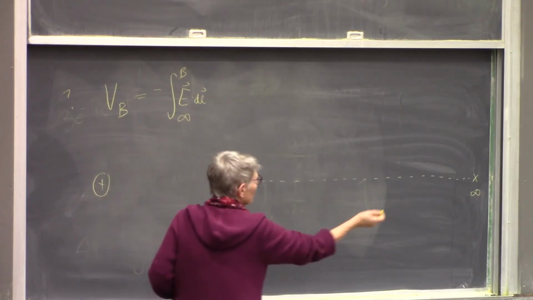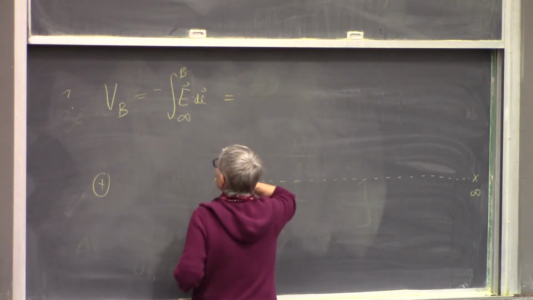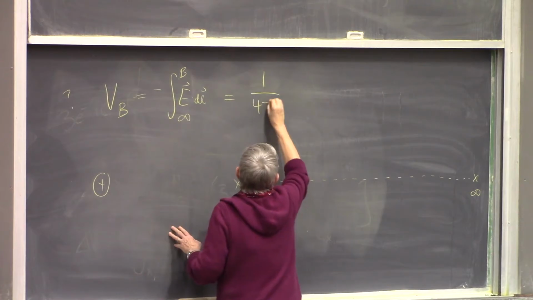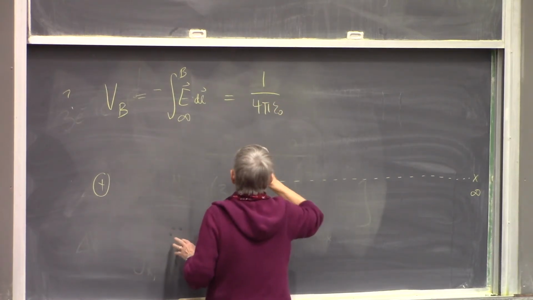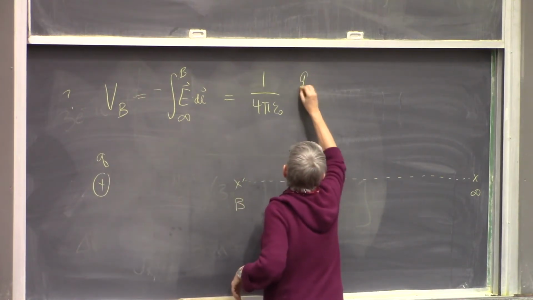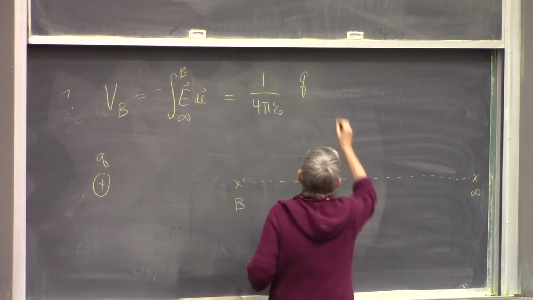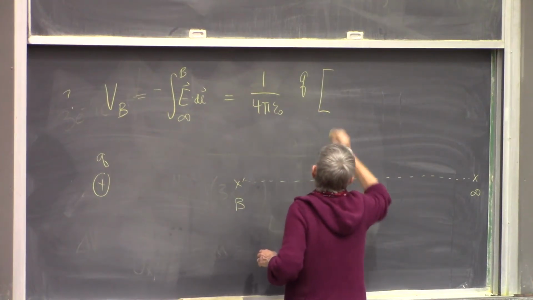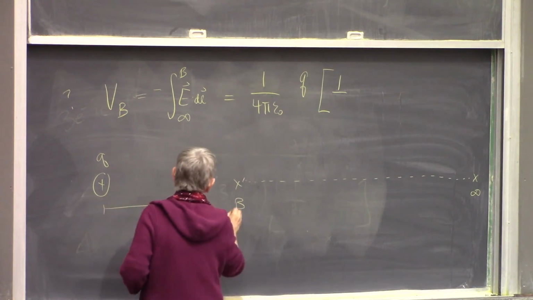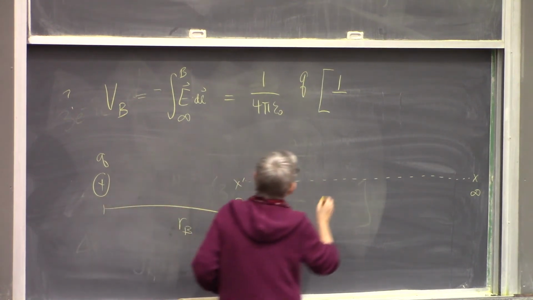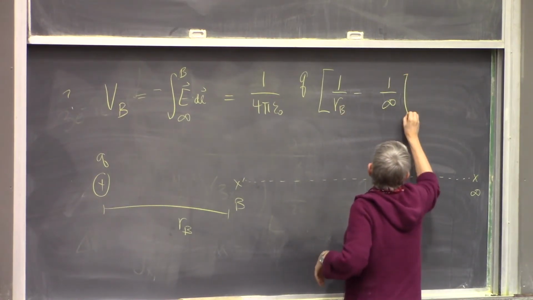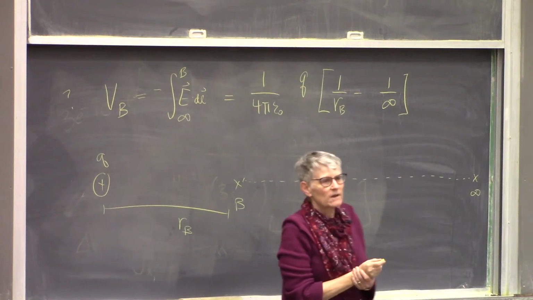So what is that according to our result here? That's going to give us 1 over 4 pi epsilon 0, whatever our q was, times 1 over r sub b minus 1 over infinity.